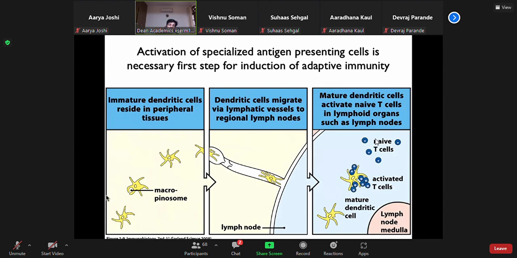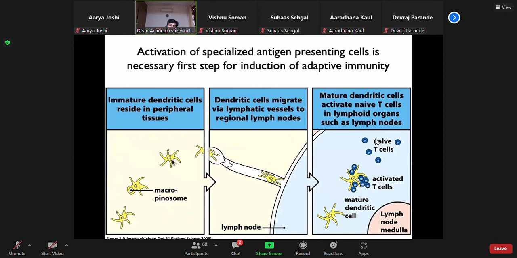Basically, you have these APCs, let's say dendritic cells, which have taken up these antigens, which can be the soluble product of these microbes, or apoptotic cells, or the other antigens derived from these microbes. So those things are taken up by these APCs.